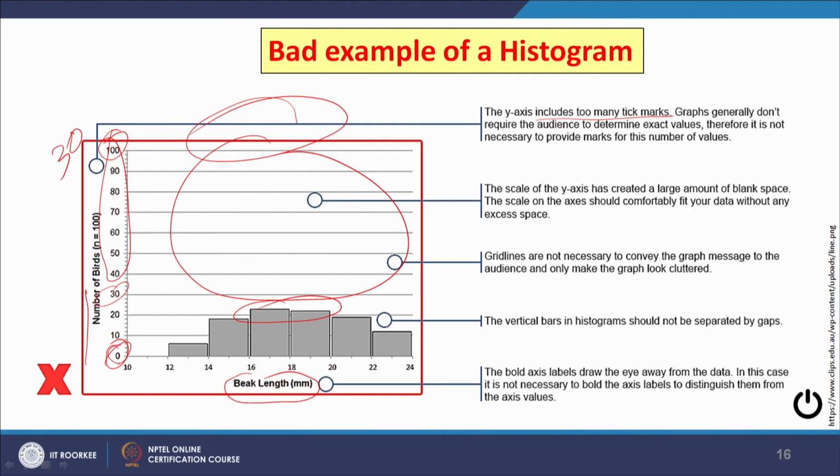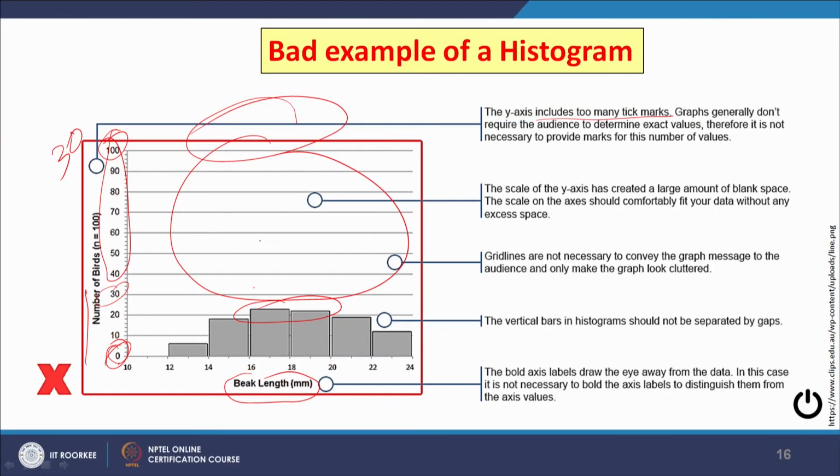And sometimes people go in the reverse manner: there is not much difference in the beak length, but they will stretch these bars, or use a small value range on the y axis, so that these differences are highlighted. No. Neither way should one do it.